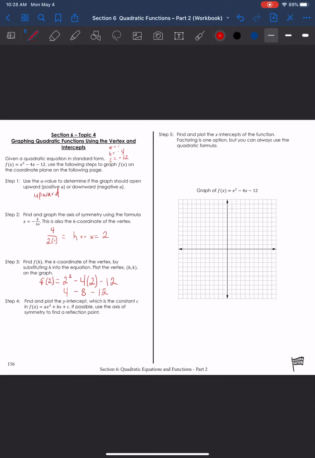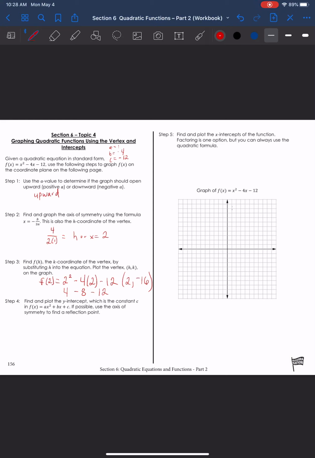When we simplify this down, we will see that our vertex is going to be equal to 2, -16. We have -20 plus 4 gives us -16. So now we have our vertex. That tells us, in this case, the minimum of our parabola.